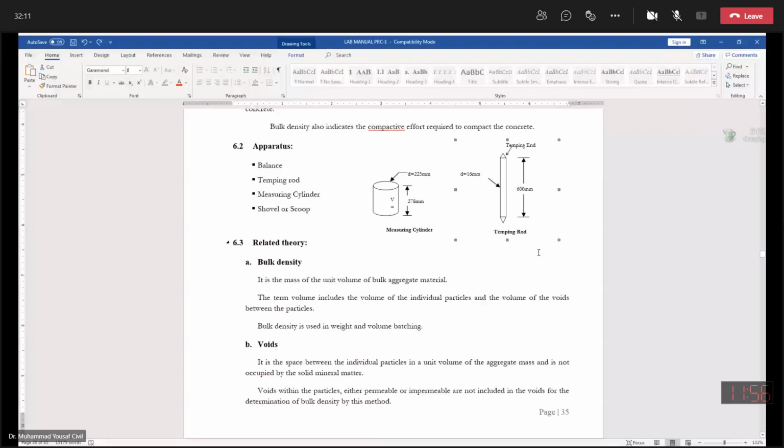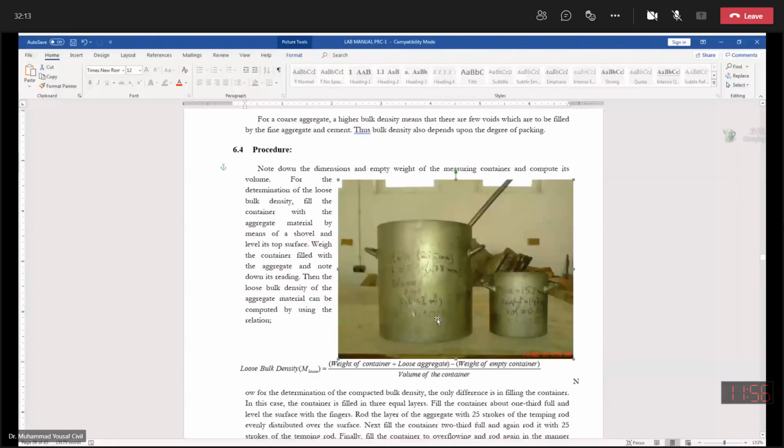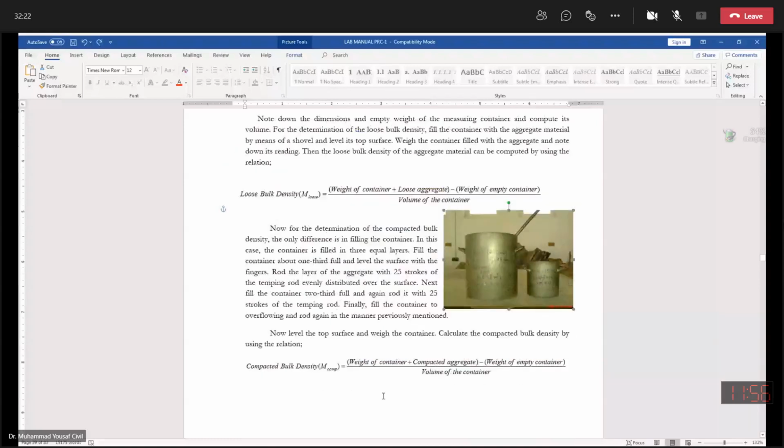Then you will weigh the container plus compacted aggregate minus the weight of the empty container, which gives the weight of compacted aggregate. Weight of compacted aggregate divided by the volume gives you the compacted bulk density.